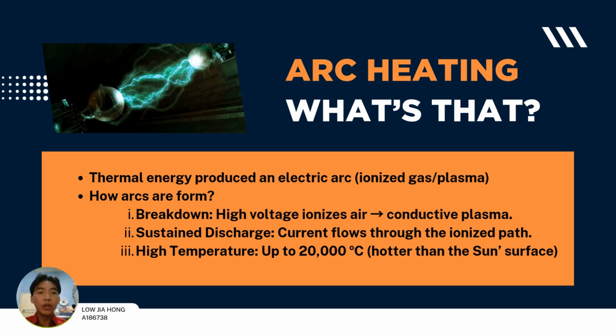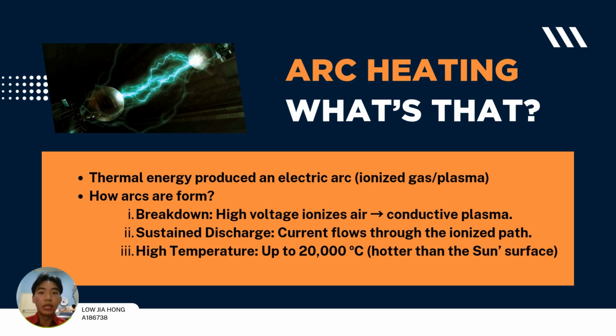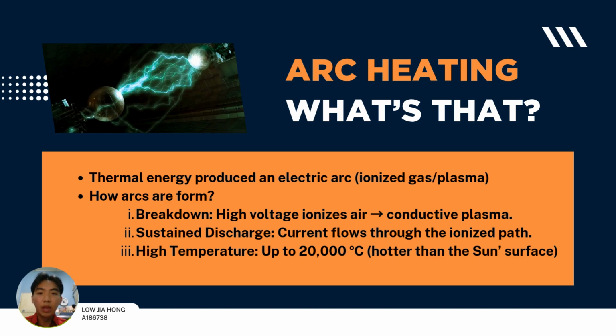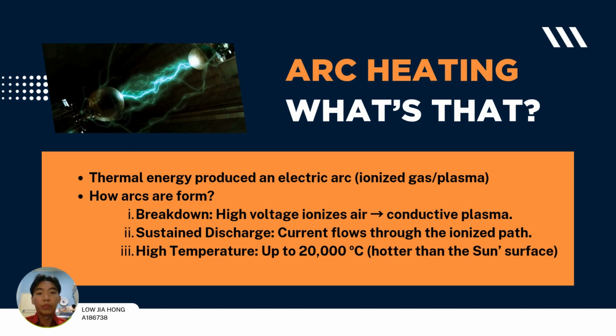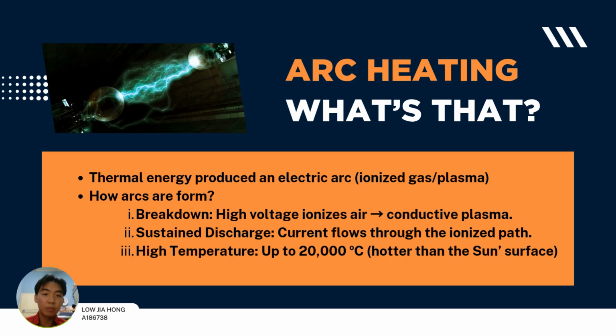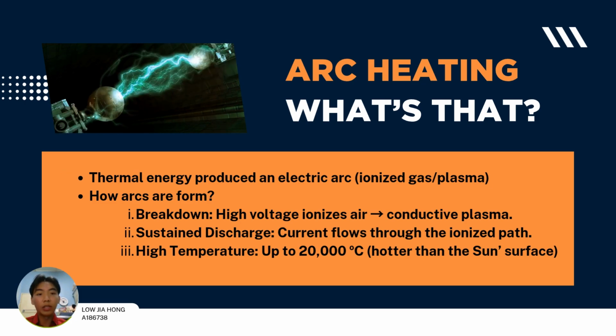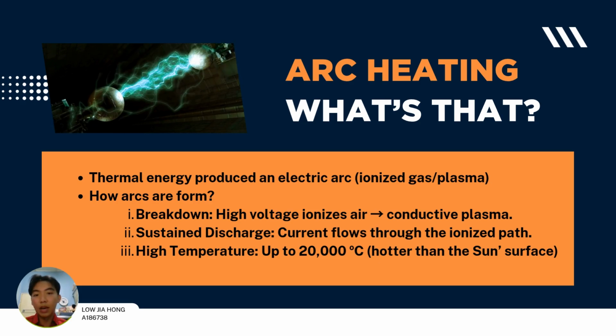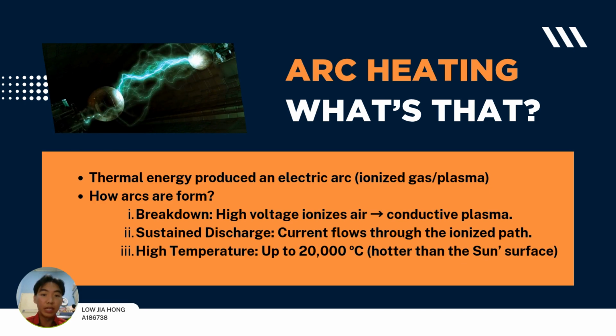Once the arc starts, current flows freely through this ionized gas, releasing massive energy as heat and light. The final step is a high temperature plasma. The arc's temperature reaches 3,000 to 20,000 degrees Celsius, which is hotter than the sun's surface, and this temperature is enough to melt metals instantly in welding or furnaces.